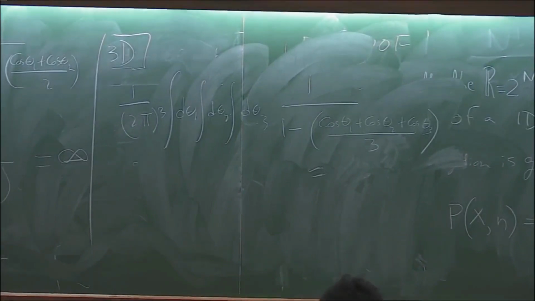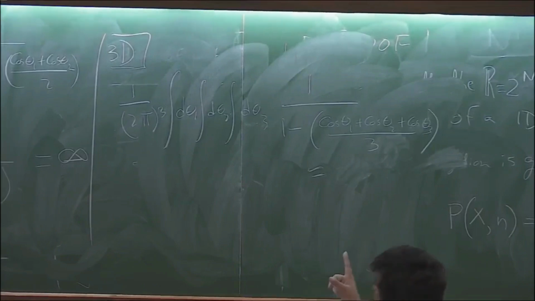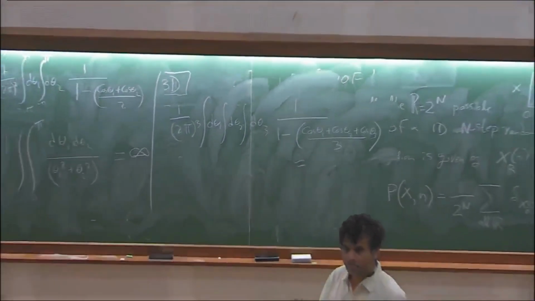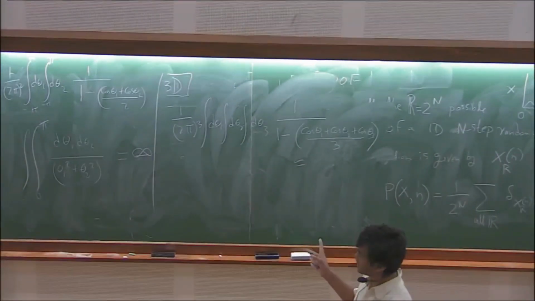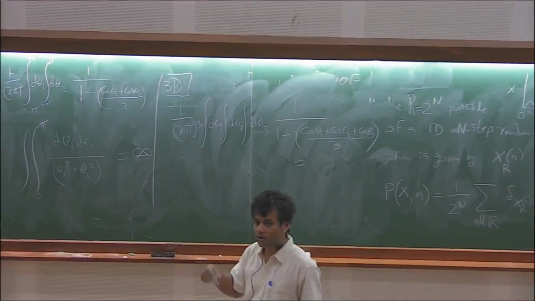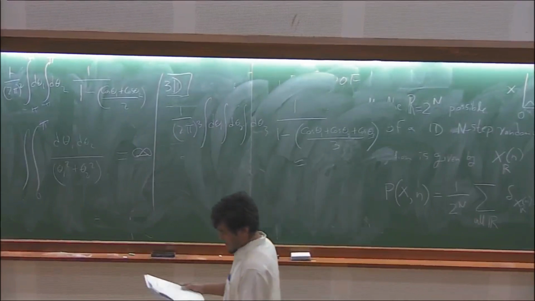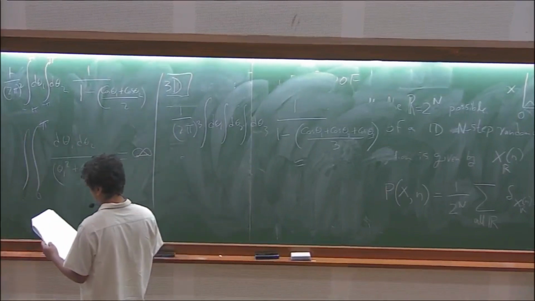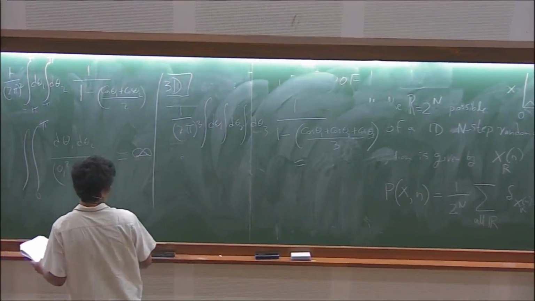Okay, so now it's clear that this should somehow be related to the probability of return, right? So let's see, we can actually relate this quantity exactly to the probability that the walker will return to the origin.